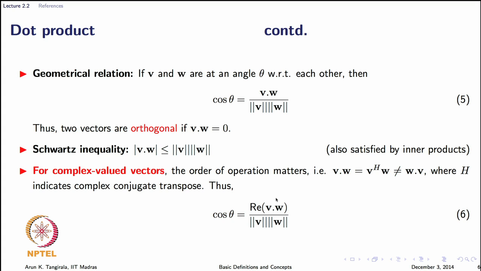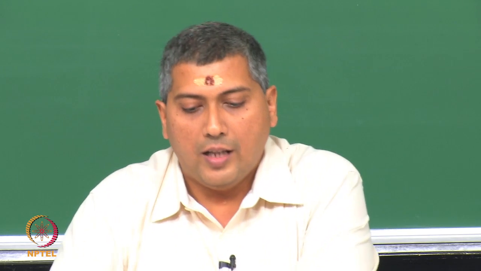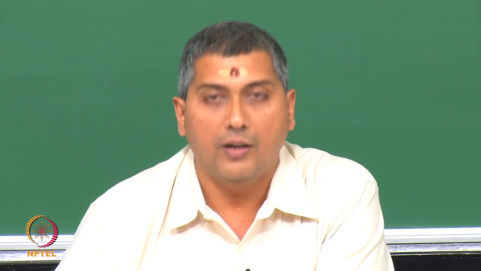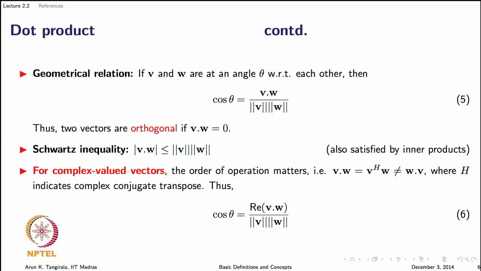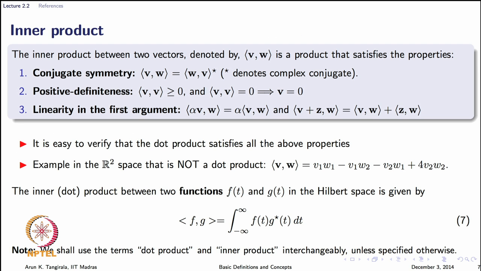And the scalar number that comes out of this dot product operation can be complex valued. Therefore, in evaluating the angles between these complex vectors, we only use the real portion of it. So that's the prime difference between the dot product of real valued vectors and complex valued vectors.